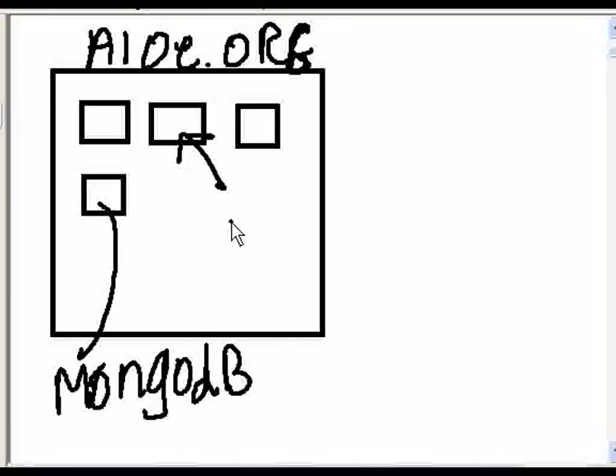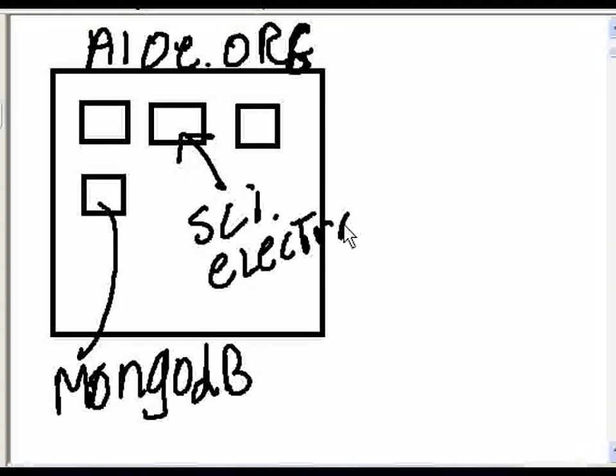And this one over here is the sci.electronics.design group. So you have different groups on this server, and each one of them has put posts on here that you can read.